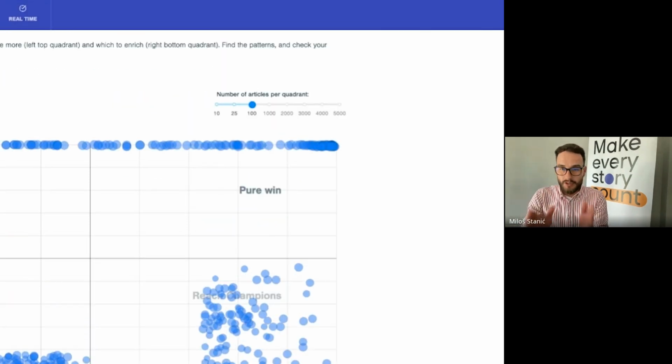And the pure win, those are the gold nuggets. These are the articles that are most likely to convert readers. What we do with these is try to understand what is good about them that makes them deliver 10 times more subscriptions than anything else.